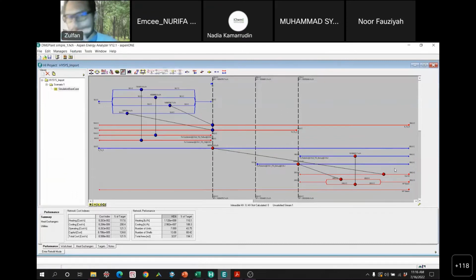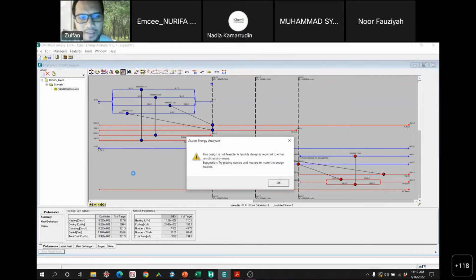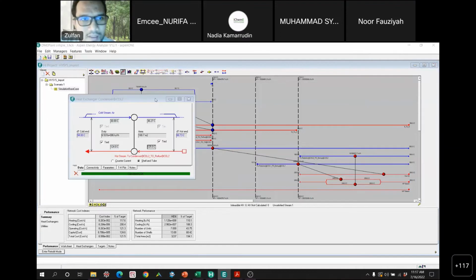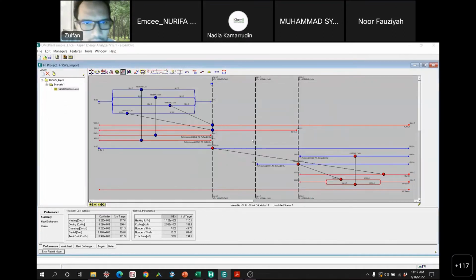Okay, so this is one way to visualize it, and you can see if you can work around it. You could also enter an auto-fit mode, and then there is some infeasibility on the temperature, because the delta T min is 20 degrees C. Oh, unsatisfied stream.